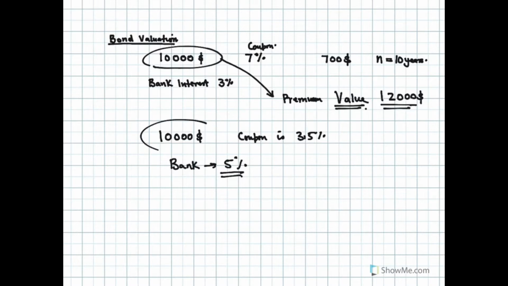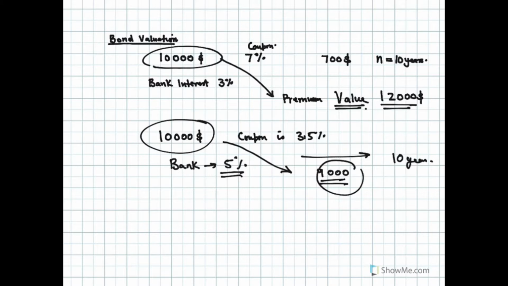So naturally, since you are getting only 3.5%, you are not going to pay 10,000, you are going to pay much less than that. So you may probably pay 9,500 or 9,000 for this bond for the next 10 years. You will enjoy a 3.5% coupon, but today you have to pay only 9,000.